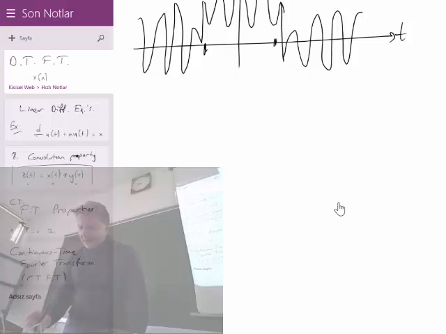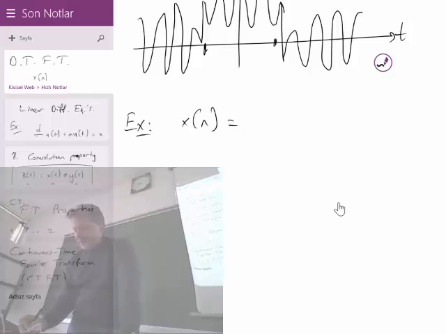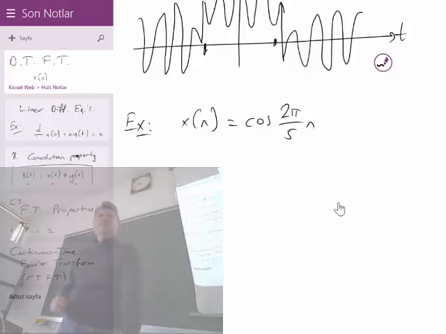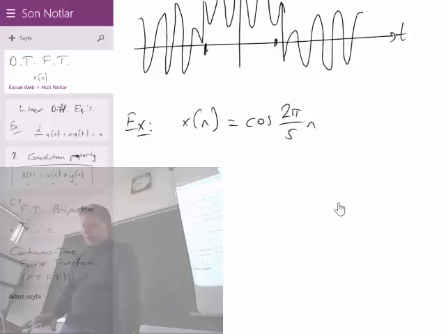The last two examples, the one before the last is this one, which is a simple case. It's a cosine omega 0 n. Let's give a name to that omega 0: 2 pi over 5 n. What is the Fourier transform of this?